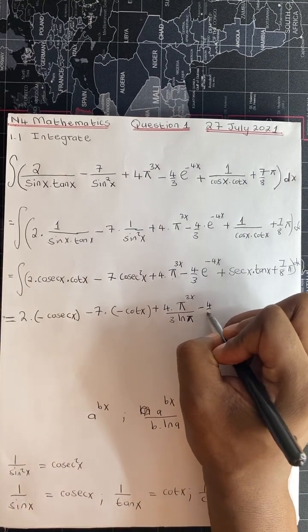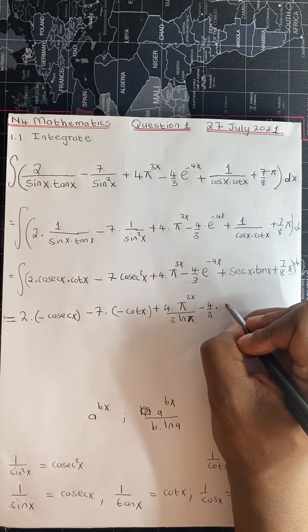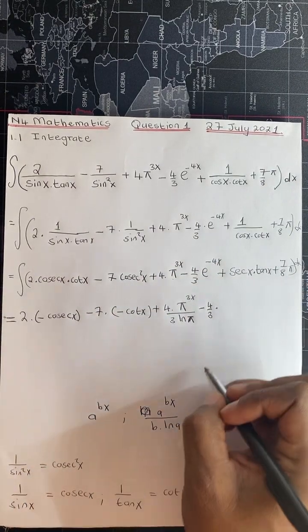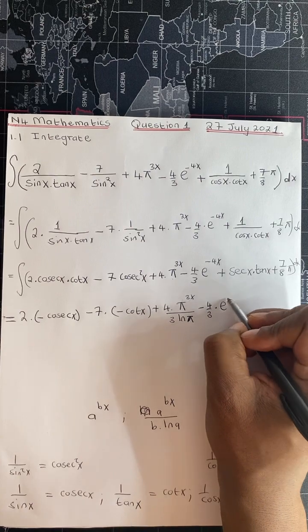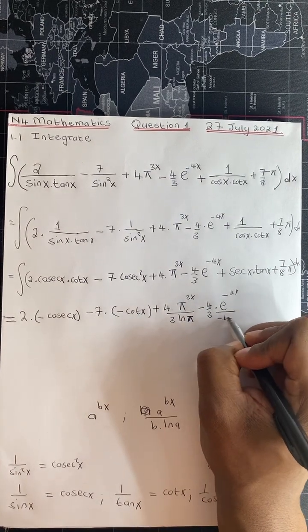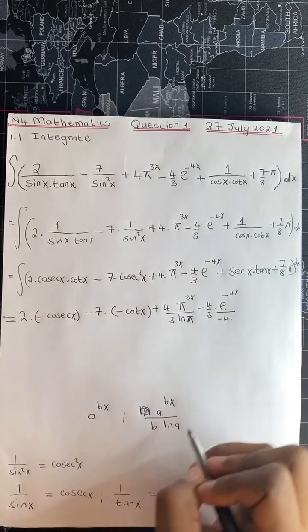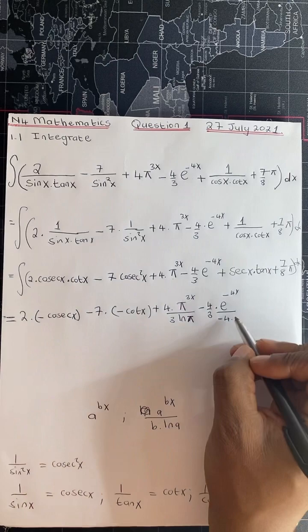So we have negative 4 over 3. The integral of e to the power negative 4x is equal to, so we use the same formula, e to the power negative 4x divided by negative 4 multiplied by ln e, but ln e is equal to 1, so there is no need for us to write ln.